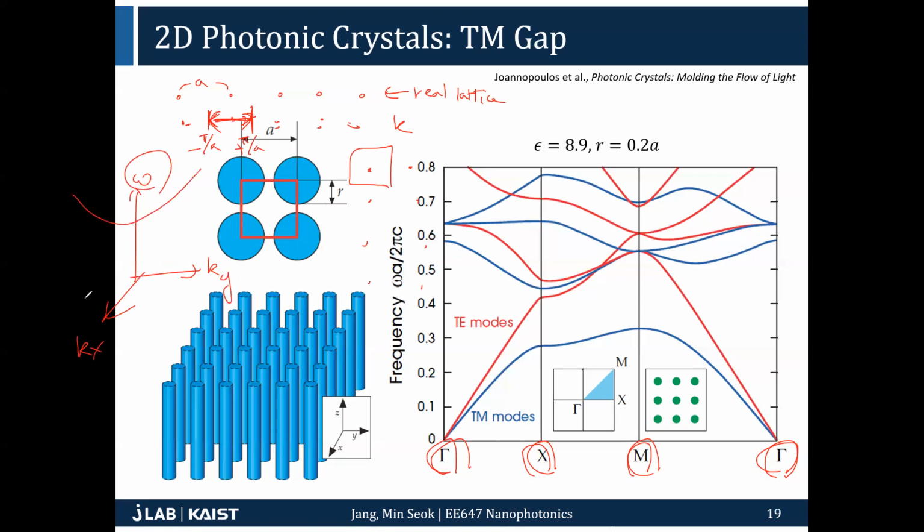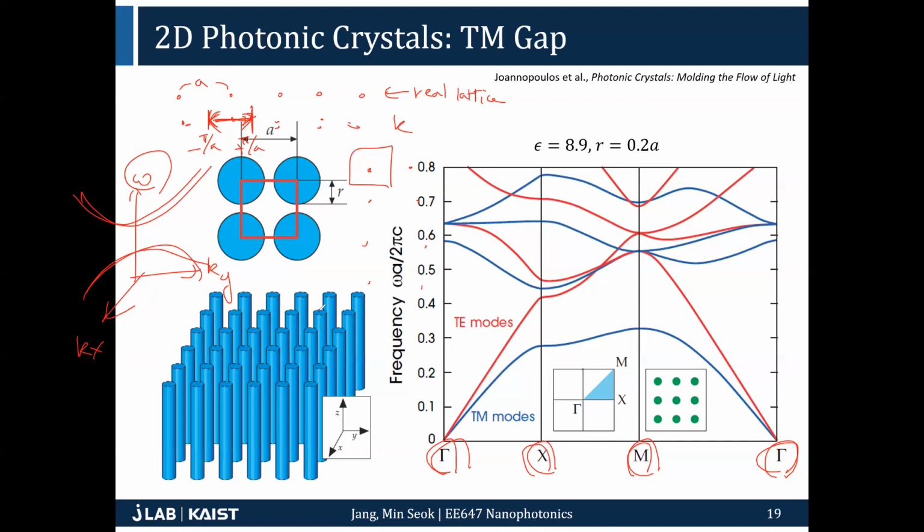It's like a 3D plot. That's how you obtain the band structure of a 2D photonic crystal. But it's kind of too complicated. If you draw something in 3D, it's difficult to visualize.